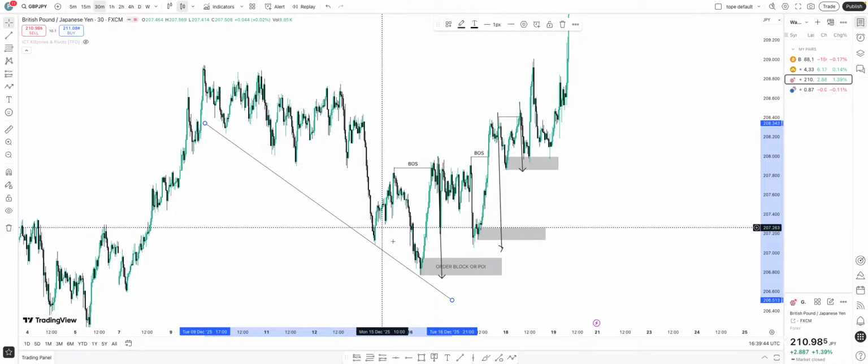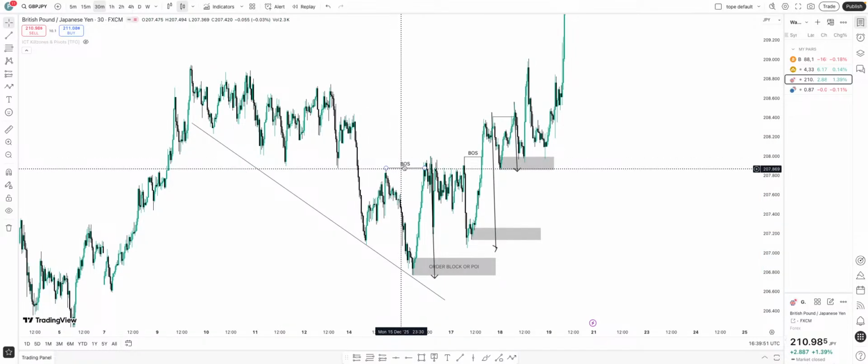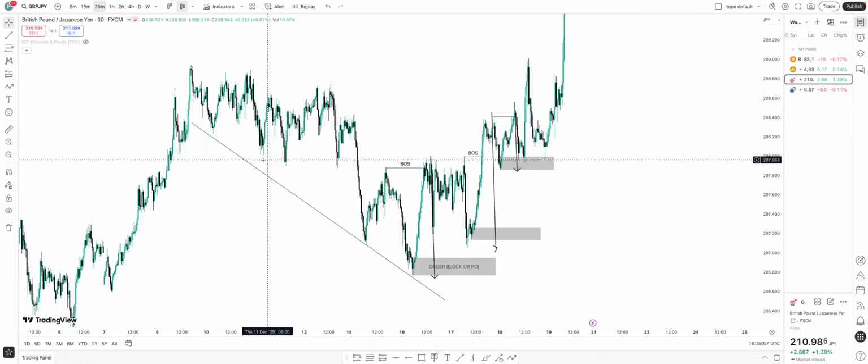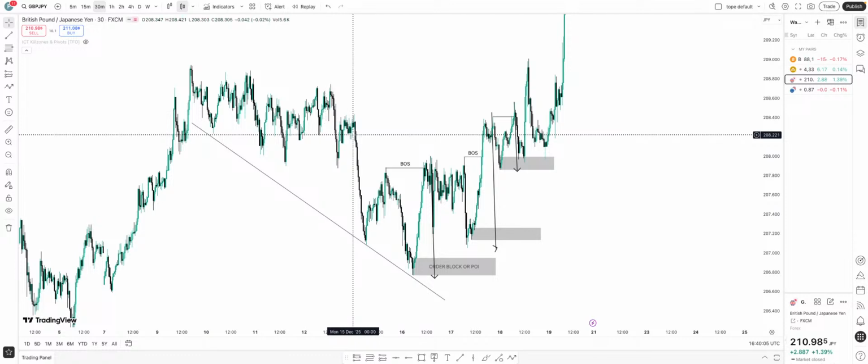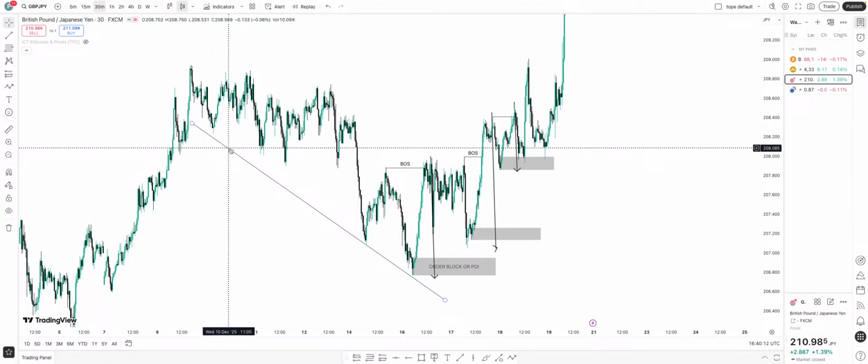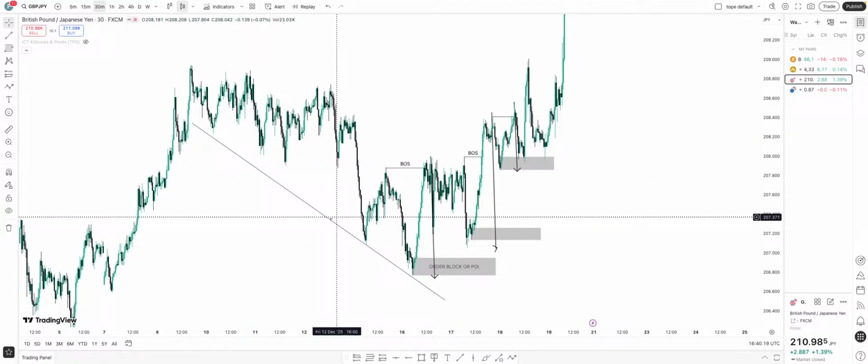So the first break that counters the trend, that is the change of character, because the character that it was printing before was breaking structure down. It was selling, breaking down, breaking down, breaking down.